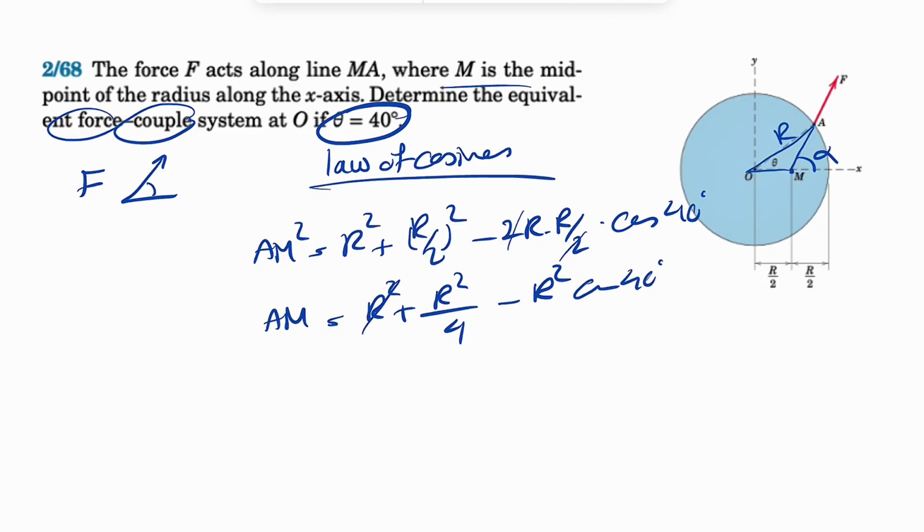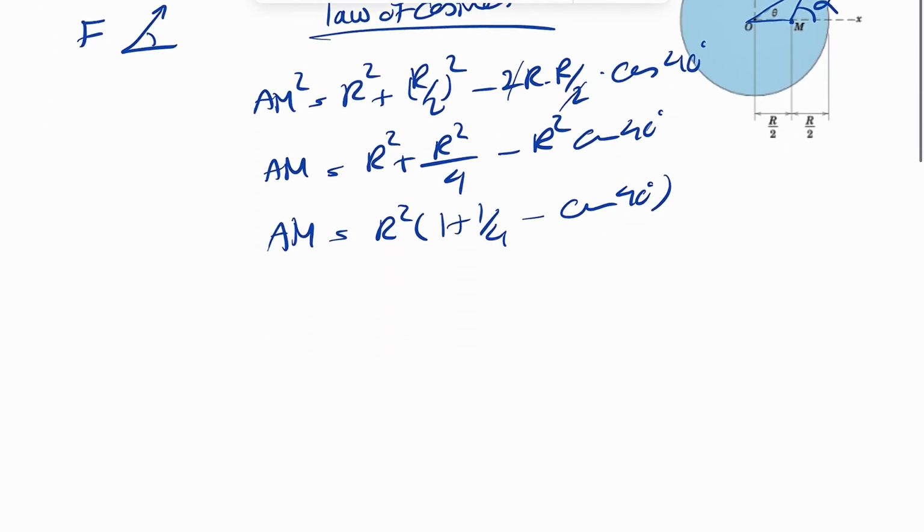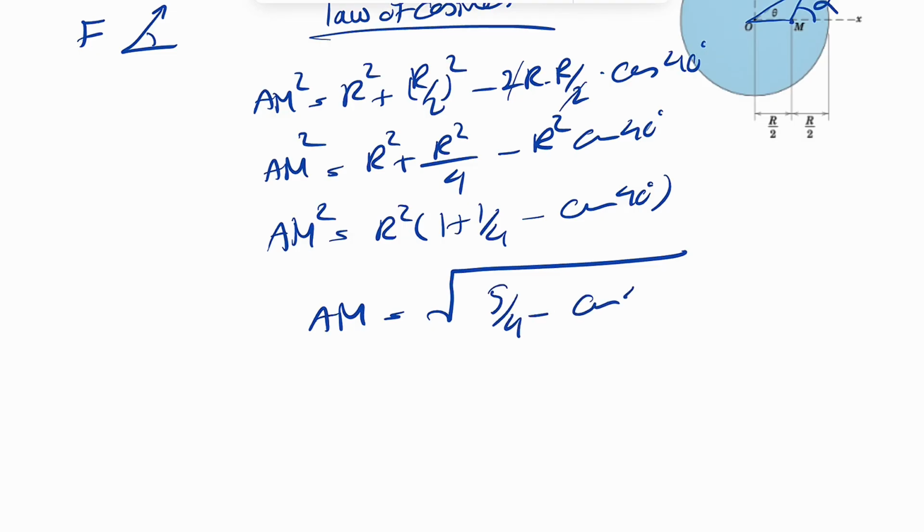I'm just going to clean this up. So for AM, we can just factor R squared in here. It's going to be 1 plus 1/4 minus cosine of 40 degrees. Again, we have AM squared on this side, so we basically have the square root of 1 plus 1/4, which is 5/4, minus cosine of 40 degrees.